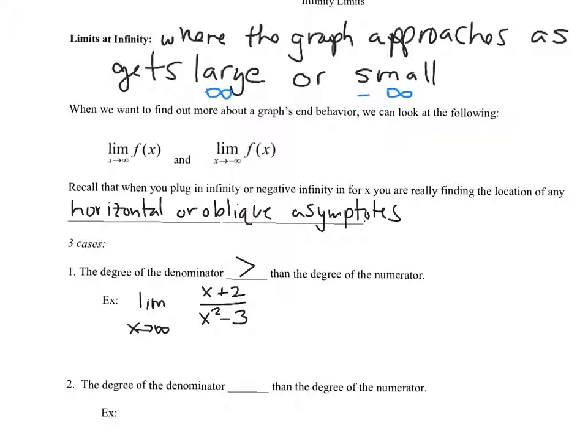So the bottom is bigger than the top. These limits at infinity, the end behavior, we said always had a horizontal asymptote of 0, so the limit is always 0. Any function of this form will always give us 0. So if the bottom's bigger, automatically 0.